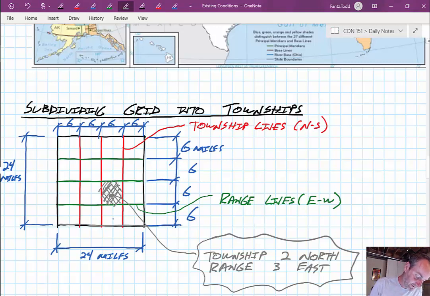This would be my first row up, but I'm not in that row. I'm actually in the second row up, so that's Township 2 North, sorry, and the range, moving east to west, I can see it's 3 East. So along my range lines, I have to go 3 townships over in essence, right? So that's kind of how I'd label it.